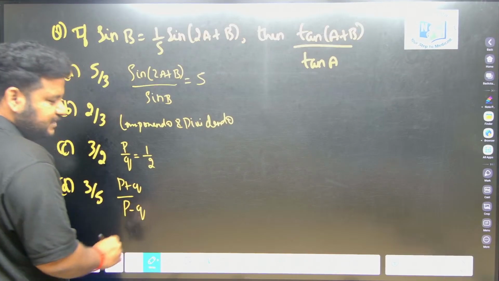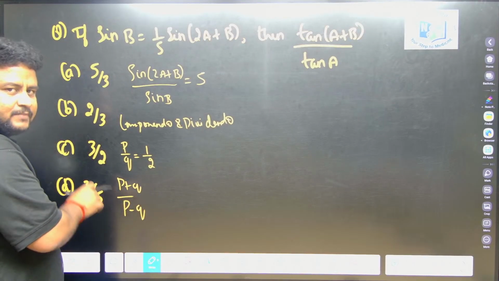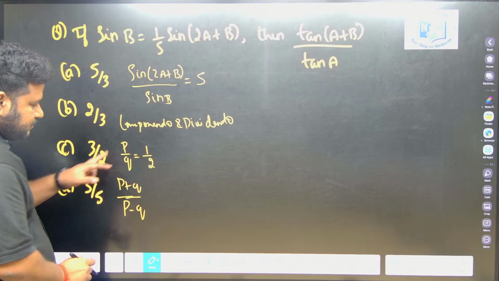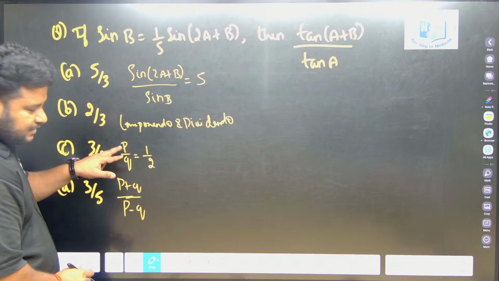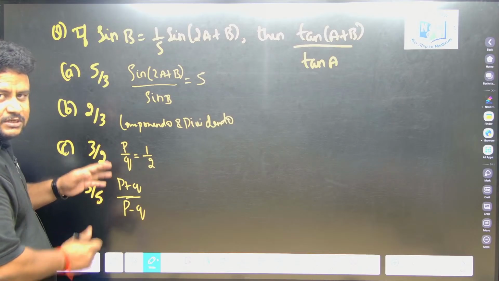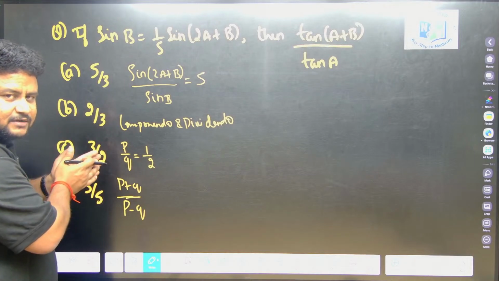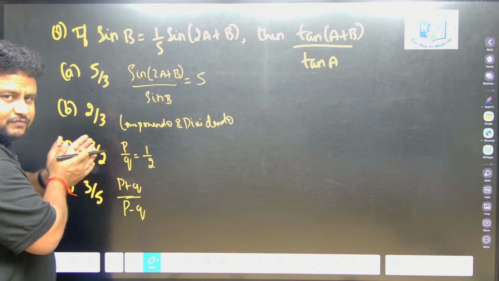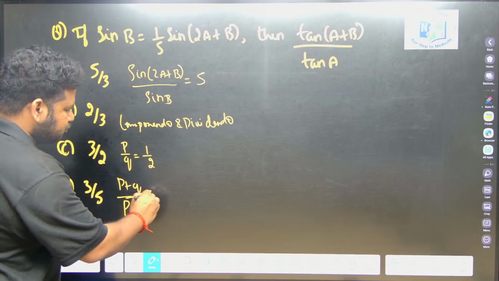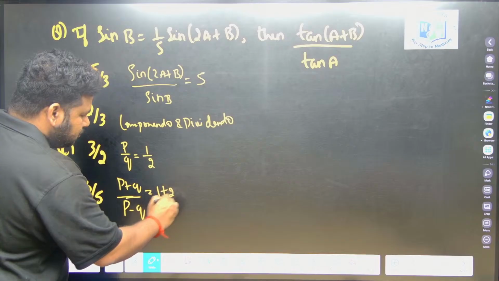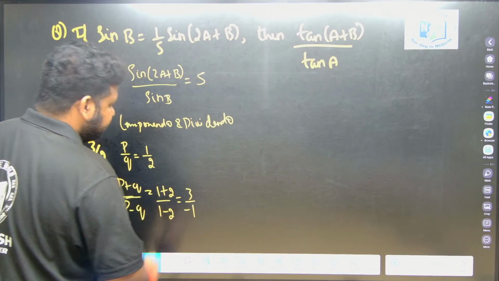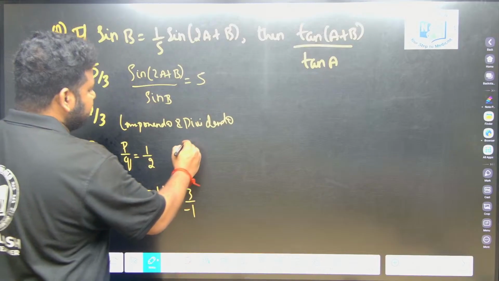That is, for the numerator you add the denominator, and in the denominator you subtract the denominator from the numerator. Here also you should do the same thing: (1 plus 2) by (1 minus 2). So, this will give us 3 by minus 1.